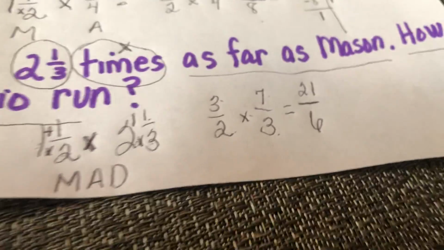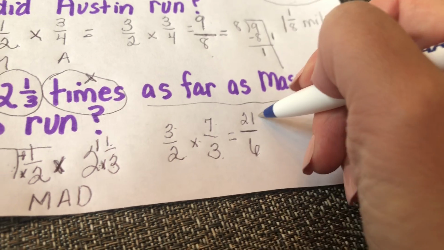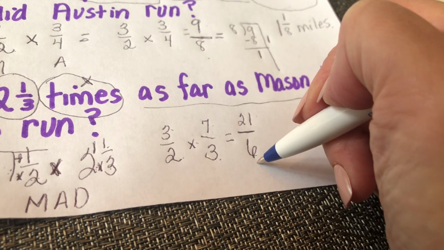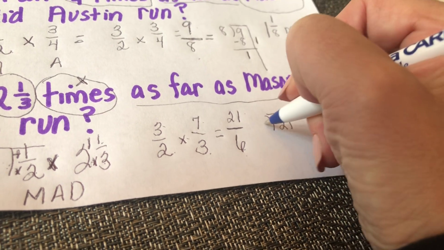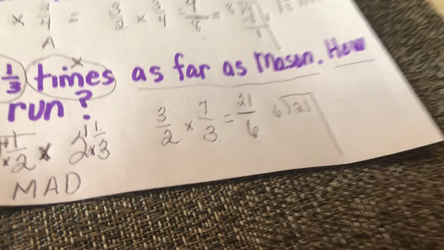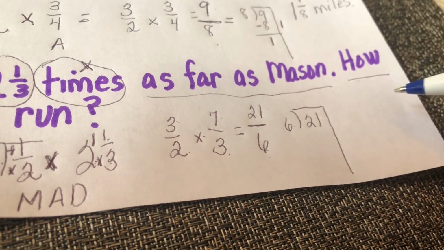Now looking at this carefully, we have an improper fraction. We have a larger number as the numerator and the smaller number as the denominator. So we need to use our partial quotient strategy. How many times do you think 6 can go into 21?